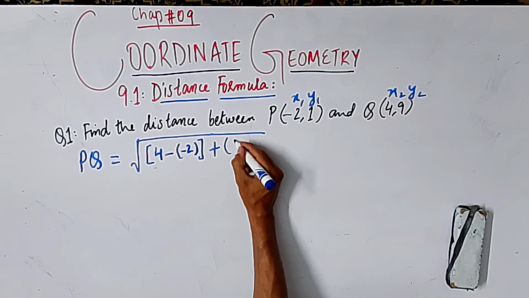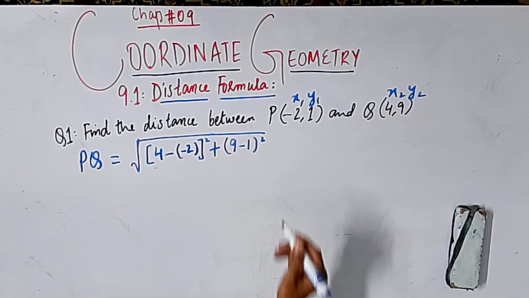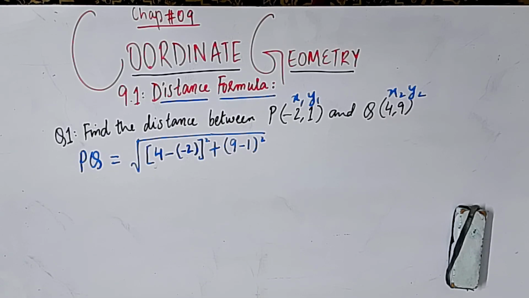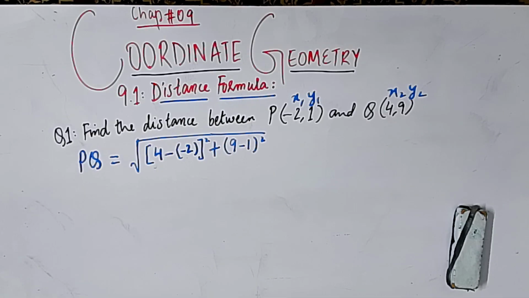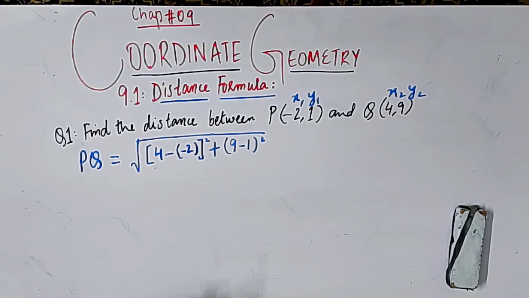So y2 is 9 and y1 is 1, and then there is a square on it. Now students make this mistake, that they sometimes cancel the square with the root. No, this is not the case. It will happen if there is only one square and then a square root, but there are two different squares, so you cannot cancel them. Don't make this mistake.